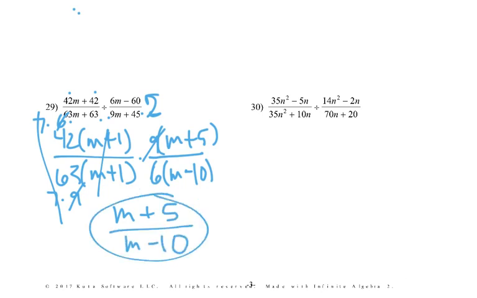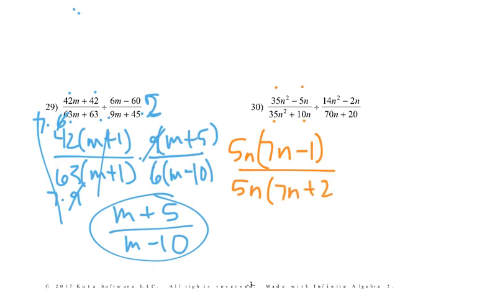Last one, and we're almost out of time. So I pull out a 5. So I get 5n times 7n minus 1 over, pull out a 5 and an n, and we'd have 7n plus 2 times, this goes on top, pull out a 10, and we get 7n plus 2.